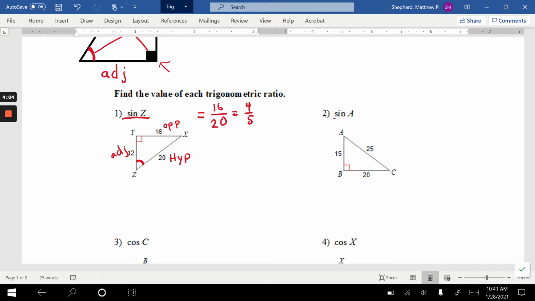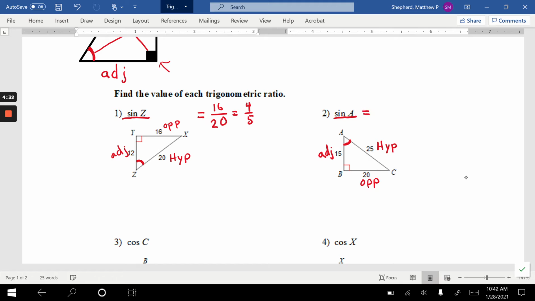Right here it is asking for sine of A. So A is our angle of interest. The longest side is the hypotenuse, the side opposite our angle will be the opposite, and the remaining side is the adjacent.